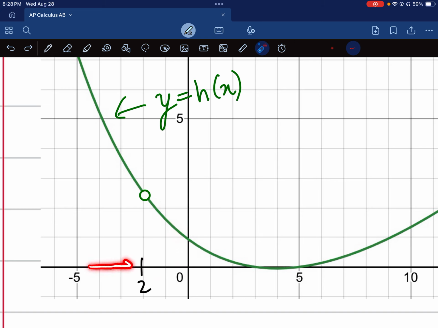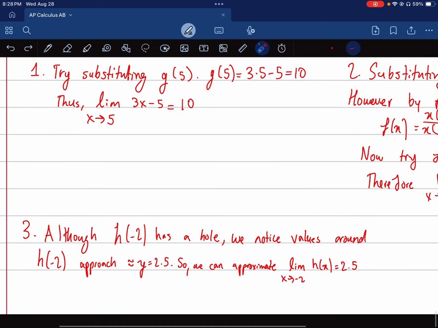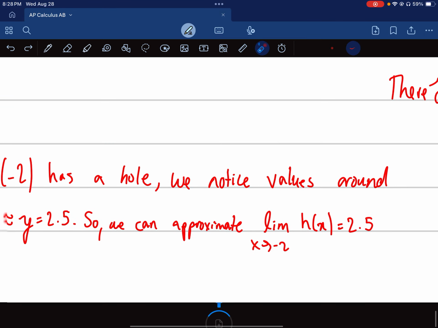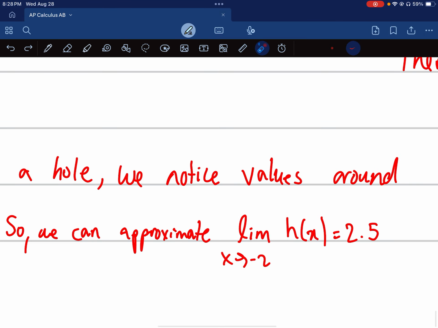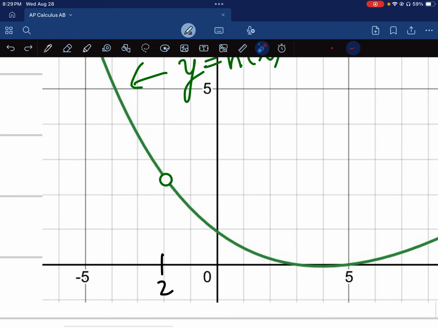And here too. So 2.5 seems to be our general consensus, that as x approaches -2, y approaches 2.5 from both directions. So we can approximate the limit as x approaches -2 of h of x as 2.5. Again, even if there's a hole here, we can pretend like there is no hole since we don't care about its exact value, and we just figure out it's 2.5.